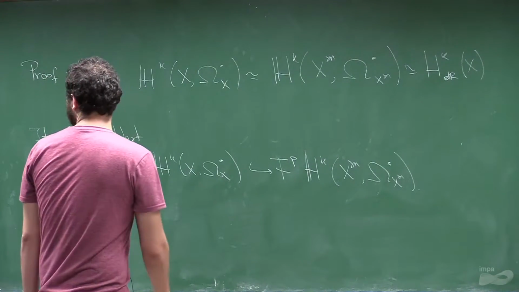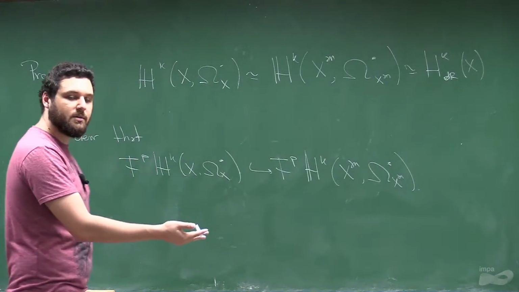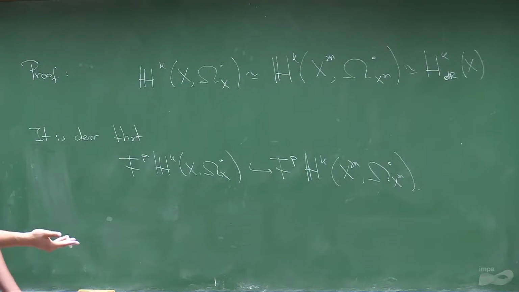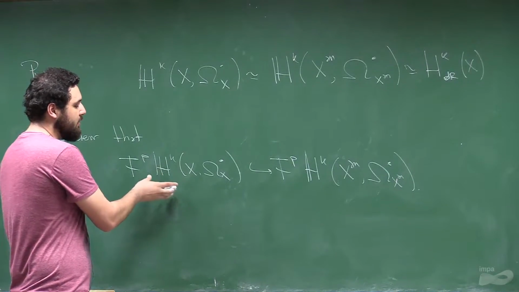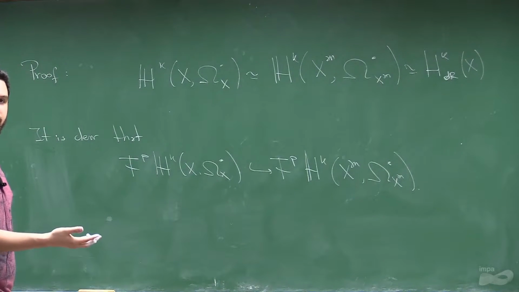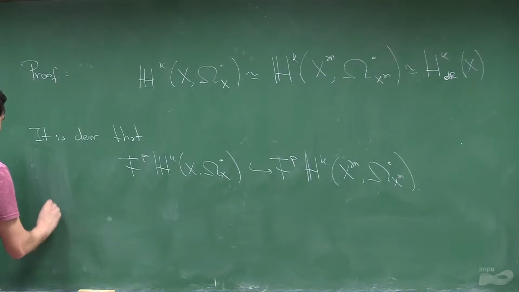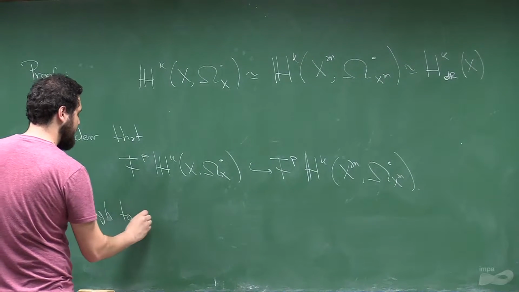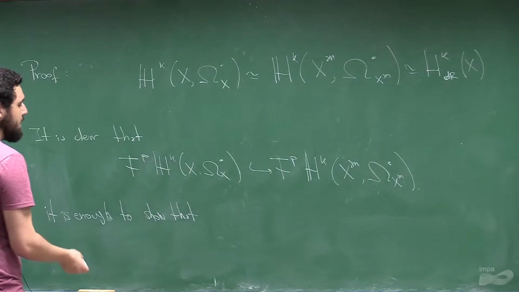Since X is projective, all these groups are finite dimensional, so the only thing we have to check is that their dimensions are the same. To prove that, it is enough to show that the quotients of both filtrations have the same dimension.